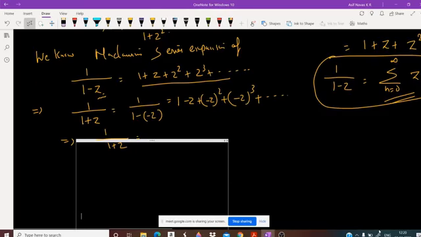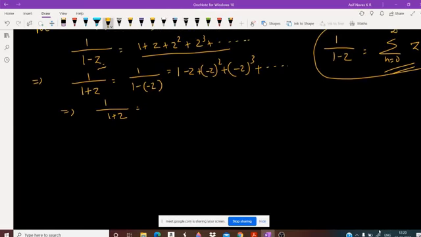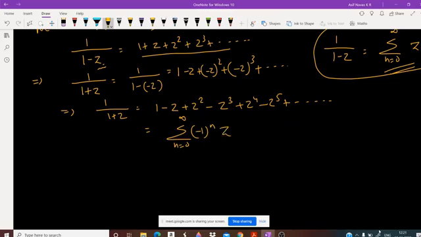By the uniqueness of Taylor and Maclaurin series, you can easily write this as 1 minus z plus z square minus z cube plus z raised to 4 minus z raised to 5 plus etc. So this is equal to sigma n equal to 0 to infinity minus 1 power n z power n.